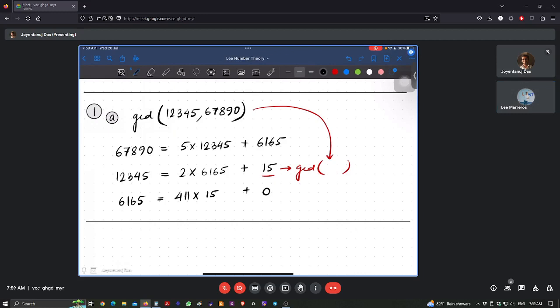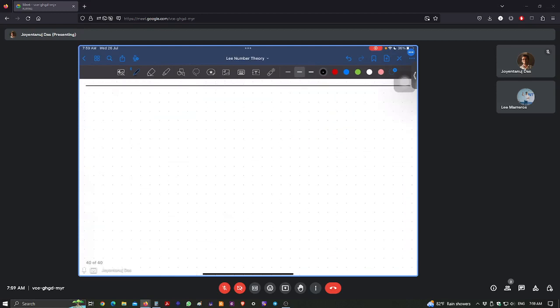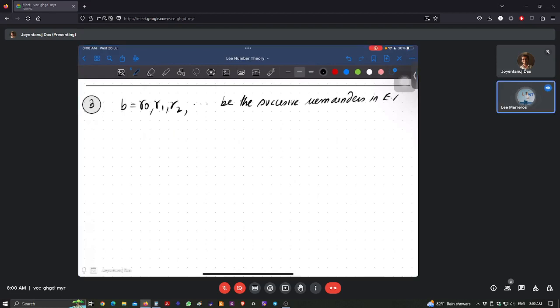Let us see question 3, what they're saying. Let b equal r_0, and r_1, r_2, and so on be the successive remainders in the Euclidean algorithm after applying to a and b.